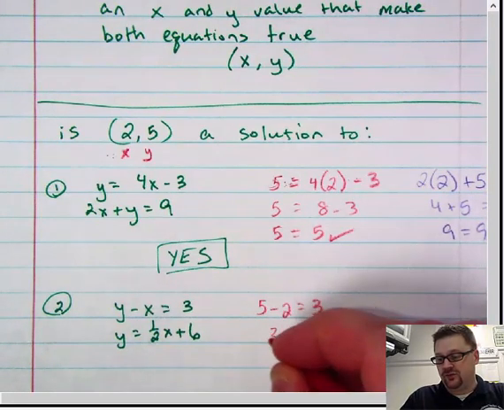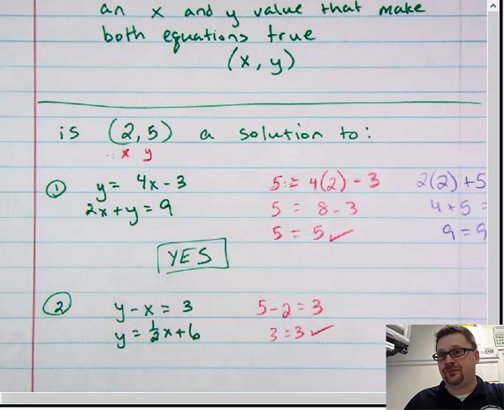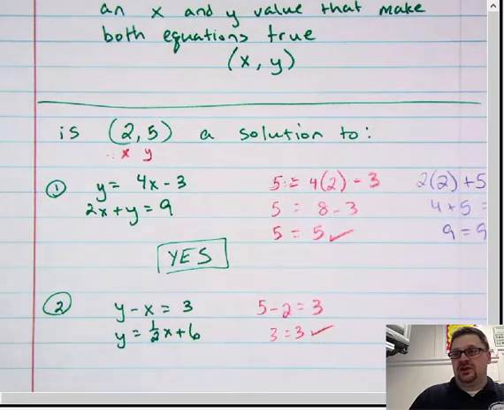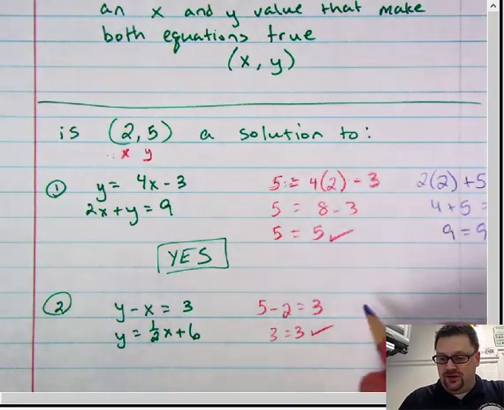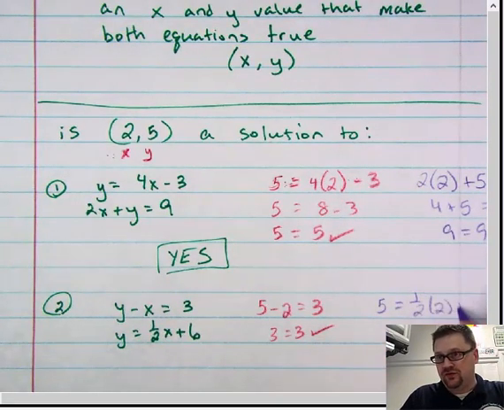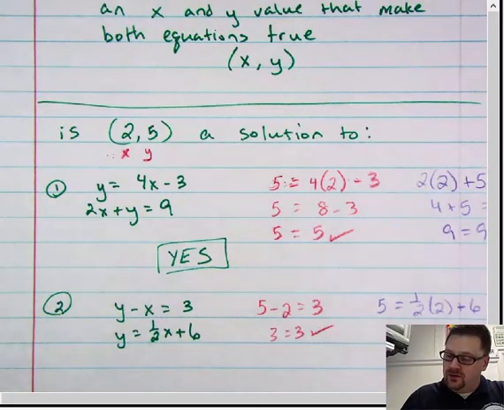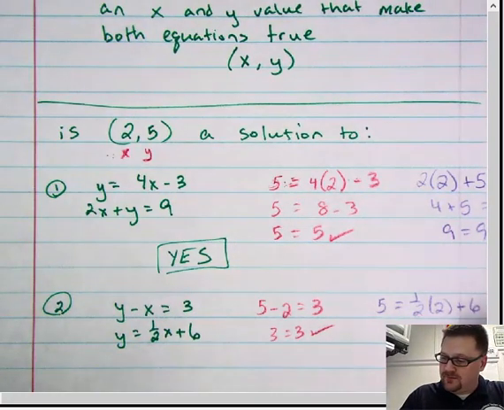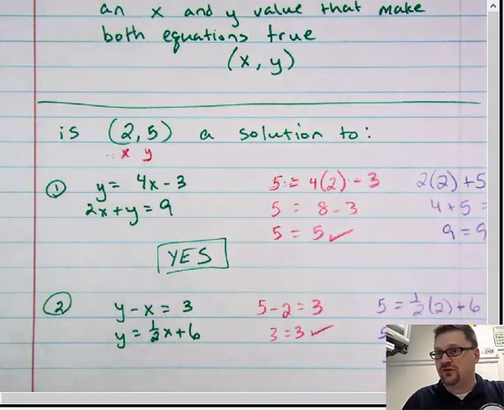Well, that's easy. 3 is in fact equal to 3. Now let's check the other equation. Is 5 equal to half of 2 plus 6? Half of 2 is 1. 1 plus 6 is 7. Is 5 equal to 7?